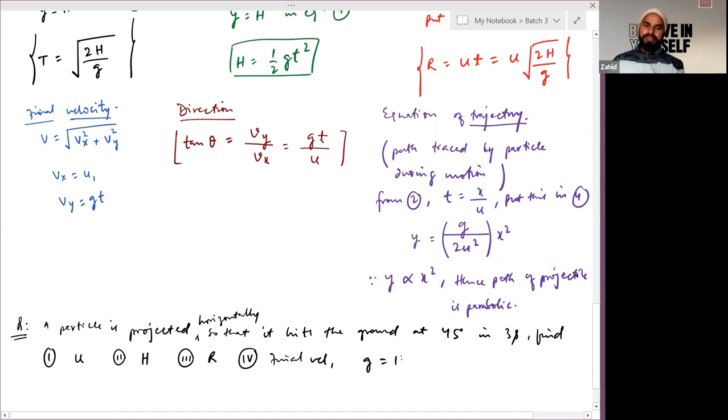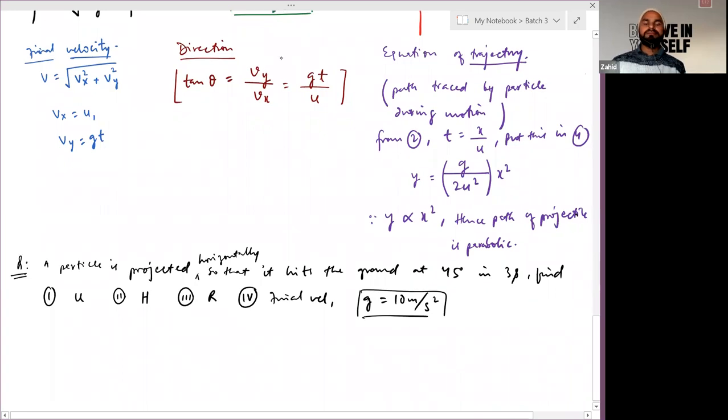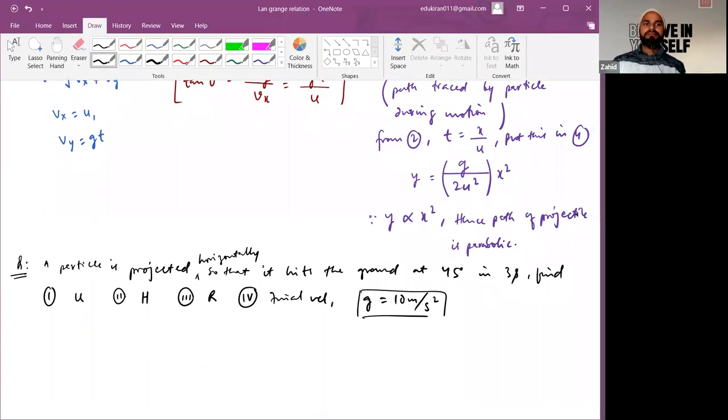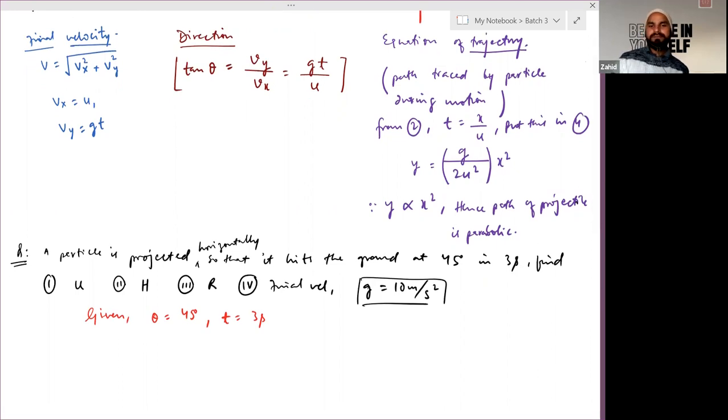Take g to be 10 meter per second squared. Just use the above formula and try to find these terms. We have given in this part theta is equal to 45 degrees and time of flight is equal to 3 seconds. Try to find.